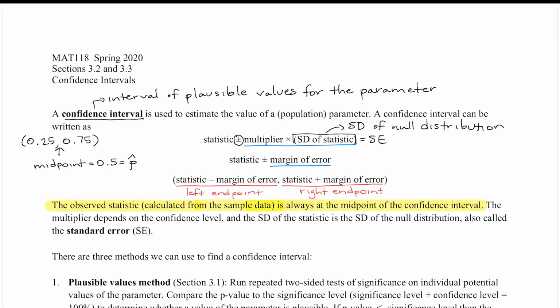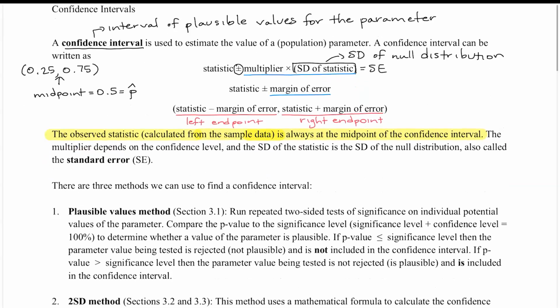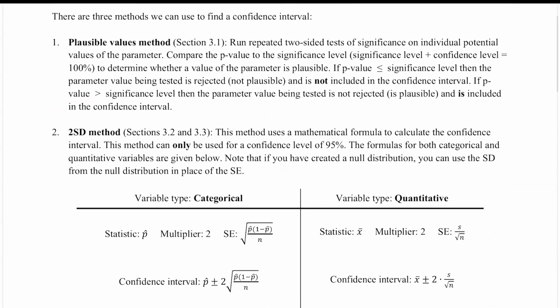That would be my statistic. Say it's p hat. Suppose this is an interval estimating pi. So whatever number is exactly in the middle of the left and right endpoints, that would be your statistic. Either a p hat if your variable is categorical, or an x bar if your variable is quantitative.